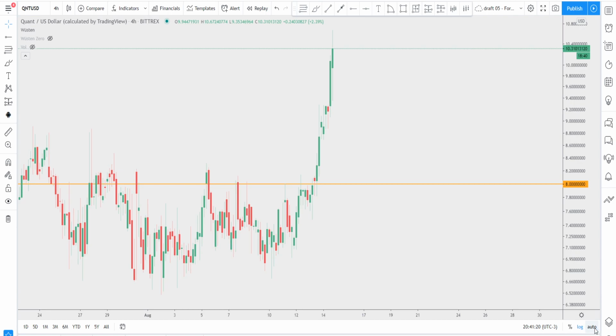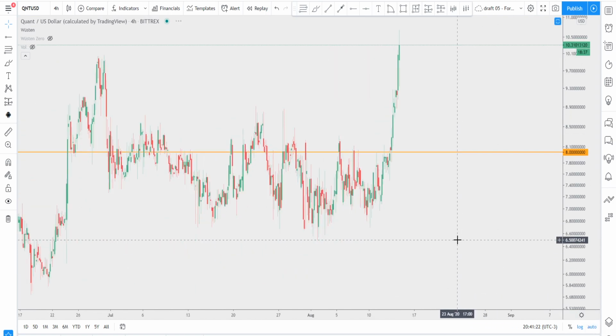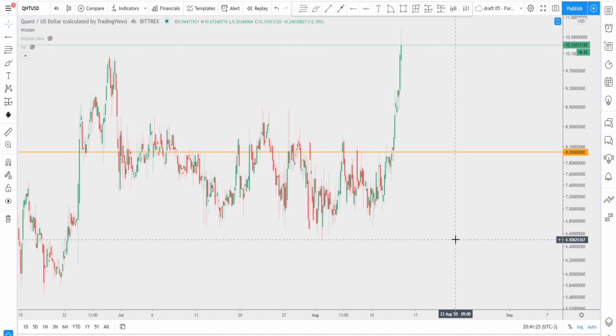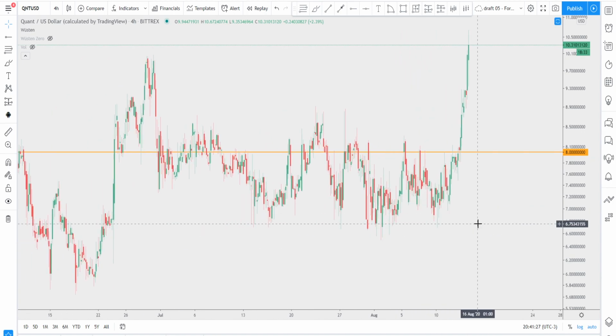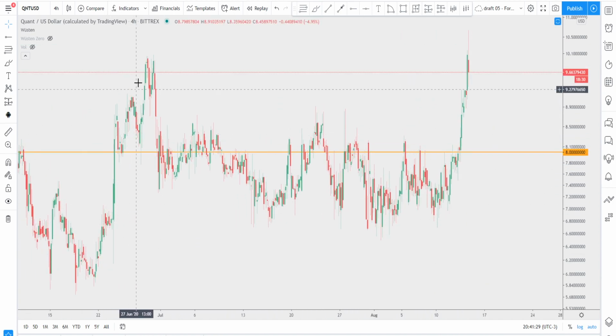Okay, so here is where we can see. Oh, so there is another thing here. All these weird candles are bots activity.